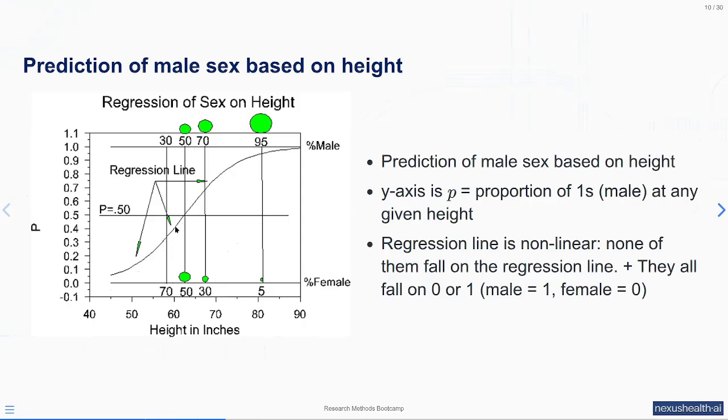It follows a curvilinear pathway. And what this tells us is very simple. Remember that the y value is either male or female. There is no in between. So it's telling us this, that they all fall on 0 or 1, where in this case 1 represents male and 0 represents female, that is not male.